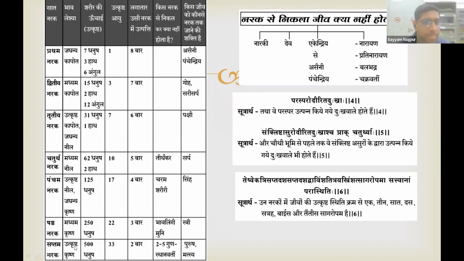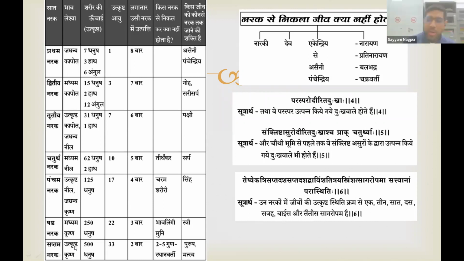Arav Shah? Yeah. Great. Teshu ek tri sapta dasha saptadasha dvavinshati trayastrinshat sagaropama sattvanam parasthitihi.